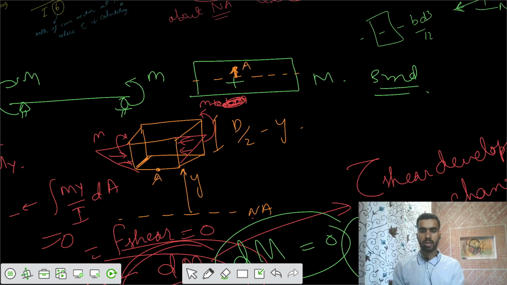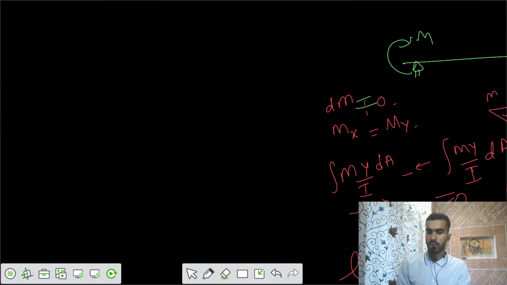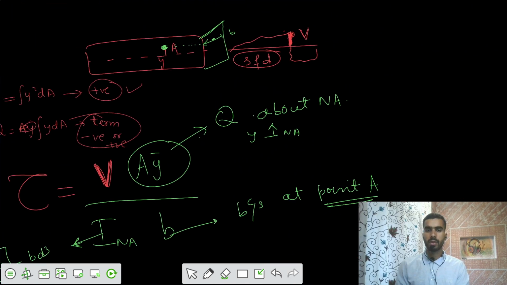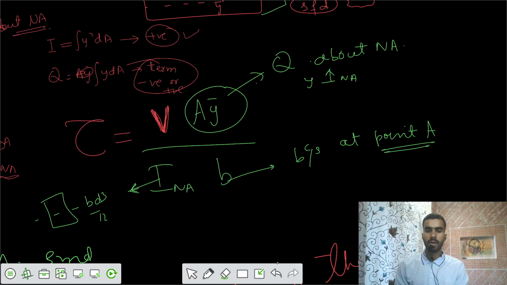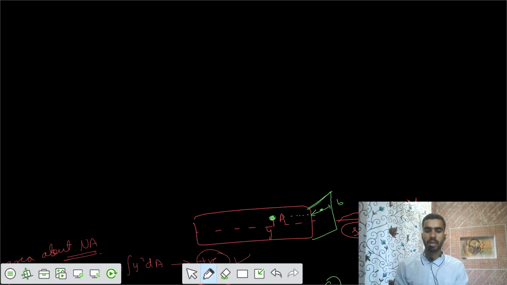So we got this one. Let's take that now. We have some variation of shear stresses. We know that there is some shear force at that point.